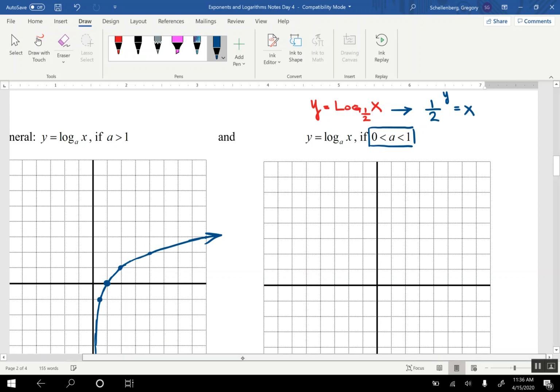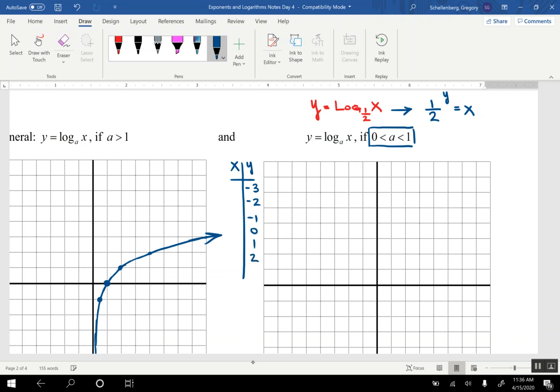And from here, we can create a table of values so we get a sense as to what this looks like. Okay, so again, I'm going to choose values of y here, and I'm going to use -3, -2, -1, 0, 1, 2, and 3.